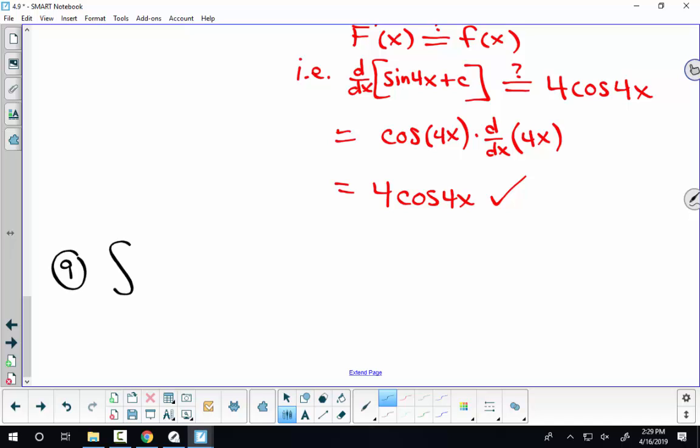What's the antiderivative of 1 over x with respect to x? ln x. So is the derivative of the natural log of x 1 over x? So the antiderivative of 1 over x is the natural log of x.